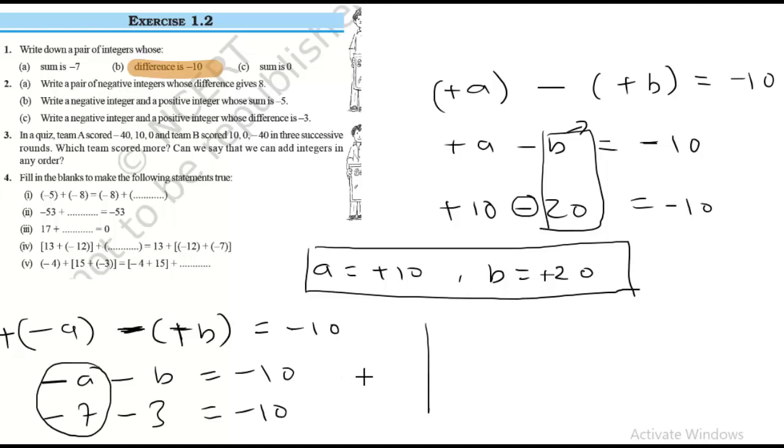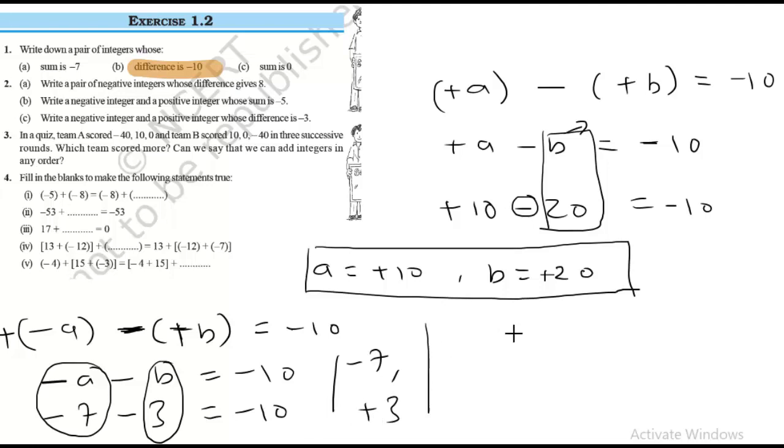So the first integer can be minus 7 and the second integer, we want 3. We are considering B as 3. So we can think the first integer which is negative as minus 7 and the positive integer as plus 3. And if we take the difference, the answer will be minus 10.